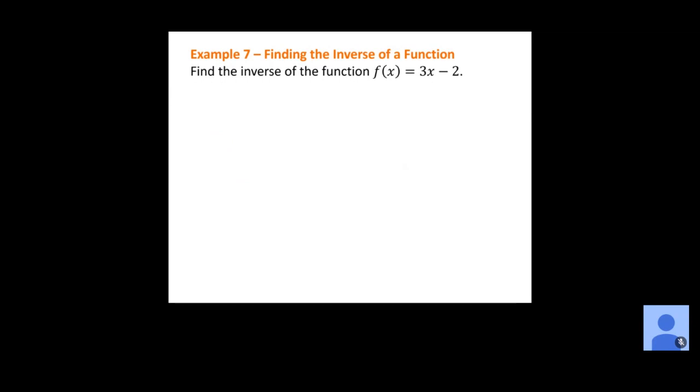So we're given f of x equals 3x minus 2. We want to find its inverse. All right, now, first things first, right? 3x minus 2 is what type of function?